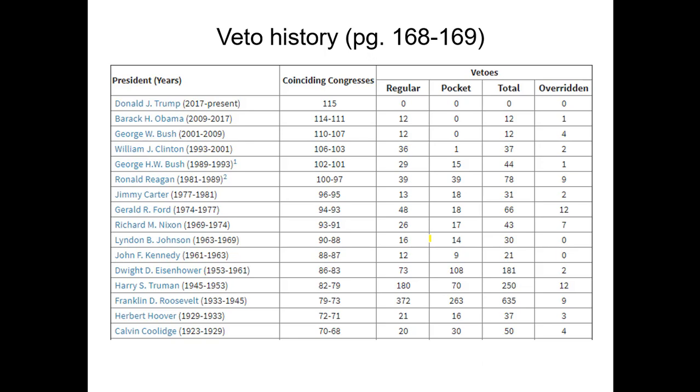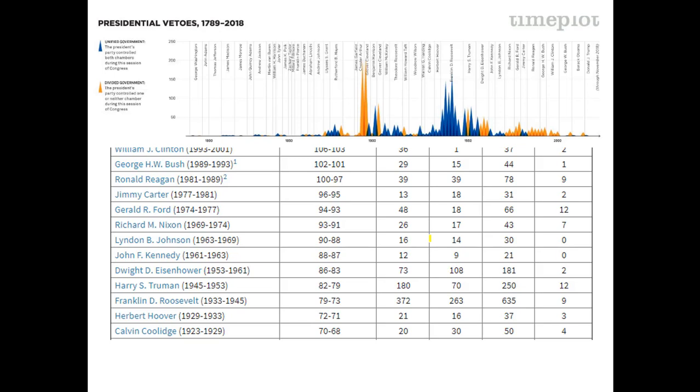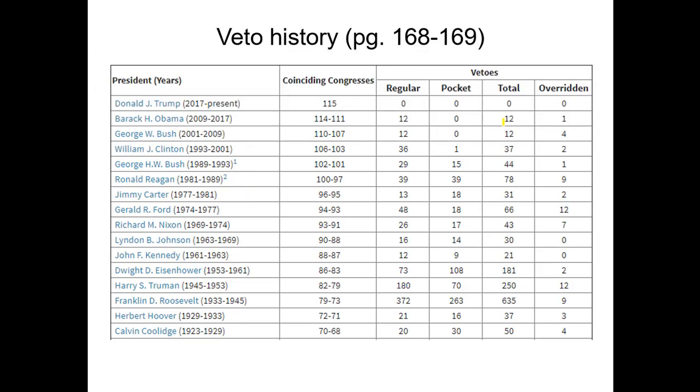Now, looking at past vetoes, this is also shown as somewhat of a bar chart on pages 168 and 169. As you can see, as we get further and further into the current era, fewer and fewer vetoes. Had quite a few during the Roosevelt and Truman administrations.